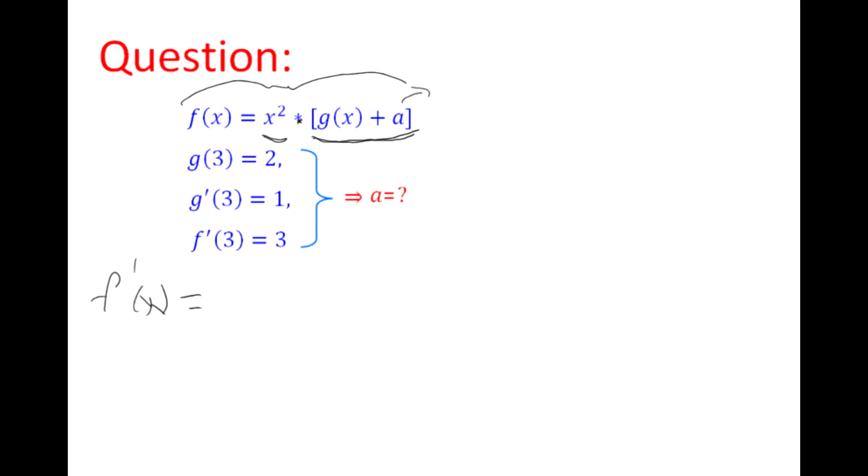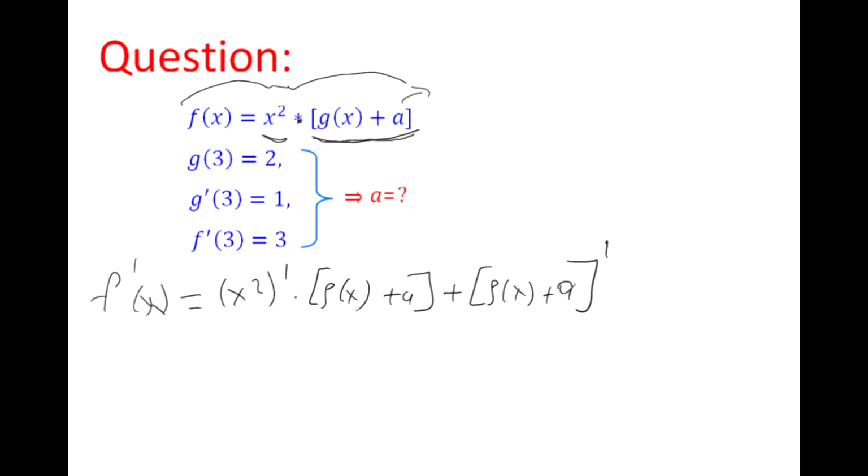Let's write it first. So x squared derivative times the second part, which is g of x plus a, plus g of x plus a derivative times the first part, which is x squared. If you remember, the formula was the derivative of the first term times the second term plus the derivative of the second term times the first term.